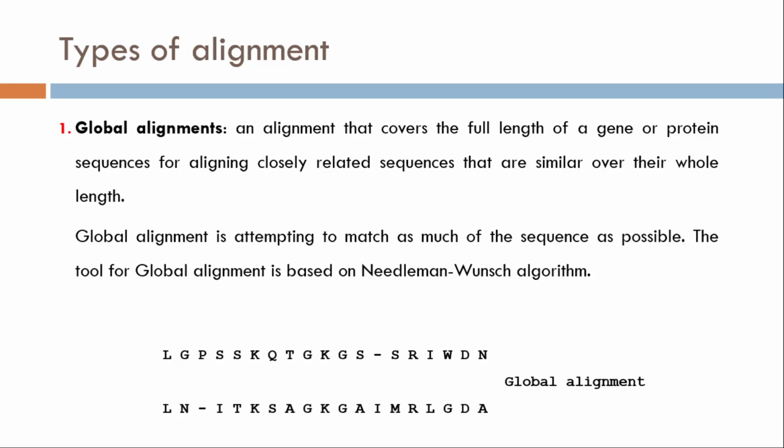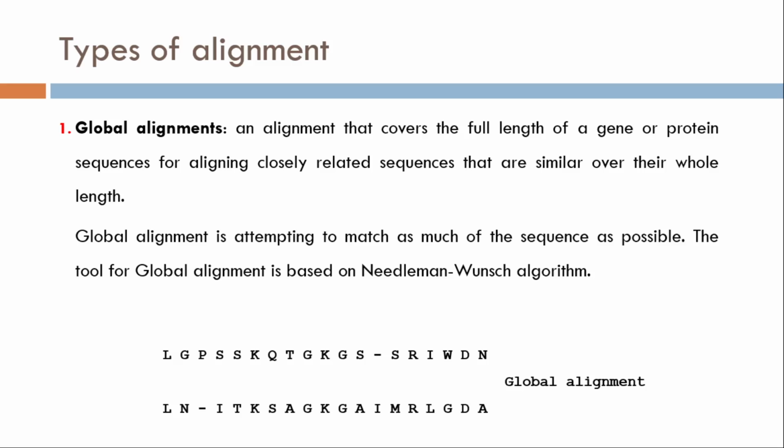If there is a huge difference, suppose sequence number 1 has 50 amino acids and sequence number 2 has 500 amino acids, and you go for global alignment, the length of both sequences will be the same at the end because gaps are going to be inserted. That will not make any sense, because if you have 10 identities and then 100 gaps, you will not be able to conclude anything.